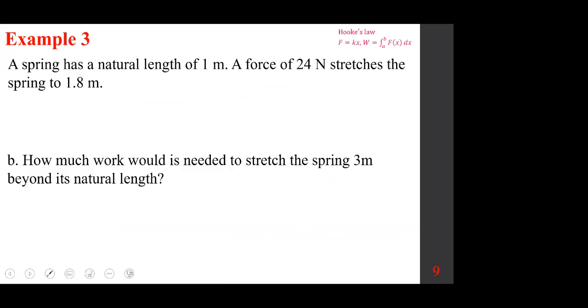Now what we want really is to come up with the equation for this. Okay, so in part A, they're asking for the formula for F equals Kx.